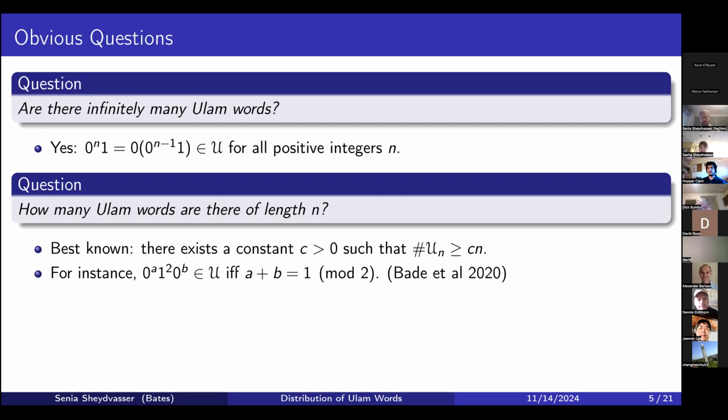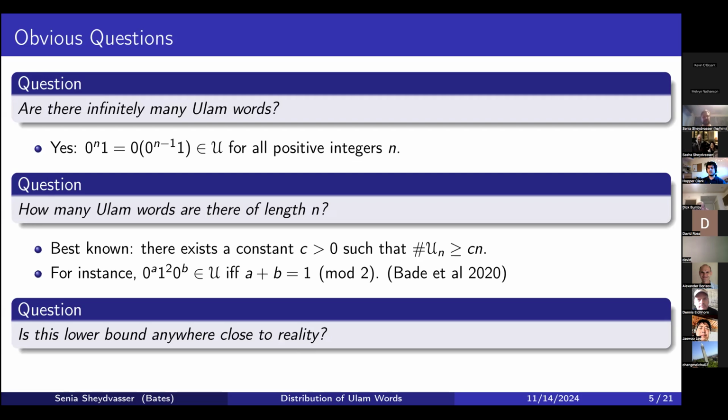This is a result of Bade et al., where you look at words that look like 0^a 1^2 0^b. And you can inductively show that such a word is Ulam if and only if a plus b is odd, and that allows you to get up to order of n just by shifting zeros from the left over to the right.